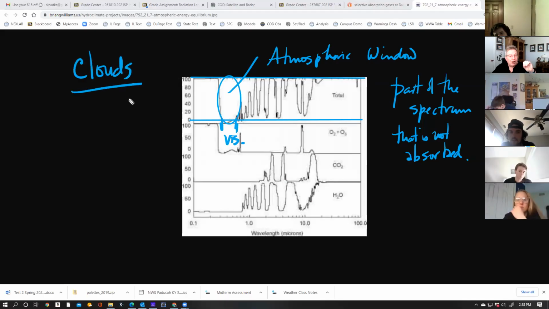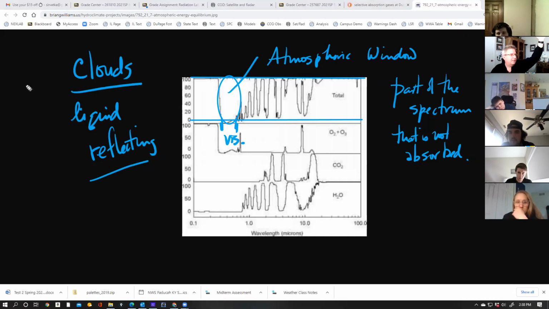Clouds are liquid water. They're not absorbing. What are they doing? Reflecting. They increase the albedo. So the light's not being absorbed, it's just being reflected. It's like you're just blocking the light. If you want to use the word block in terms of radiation, clouds block incoming visible light.